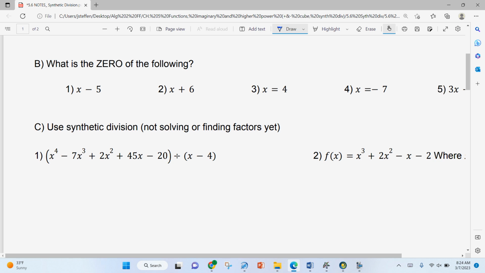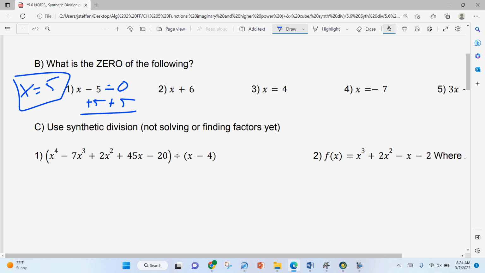is it will tell you a lot of times, what are all the factors given the 0? Given this first 0. Don't make this harder than it is. X minus 5, the 0 is, if you set it equal to 0, 5.